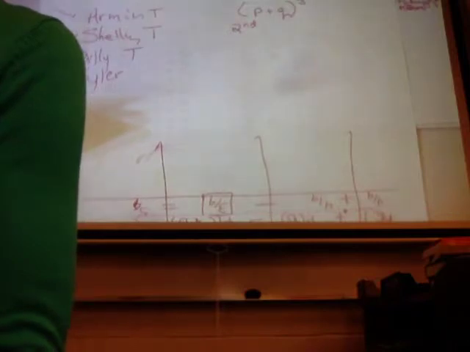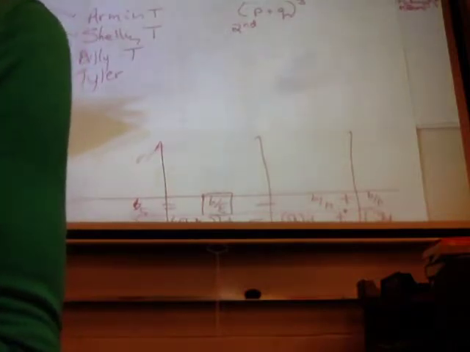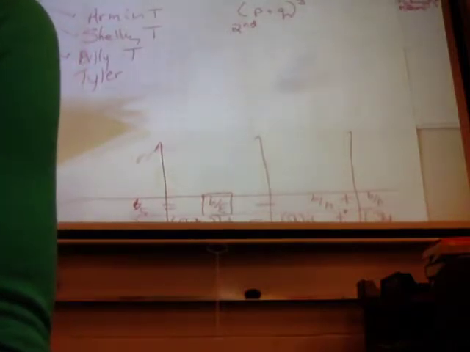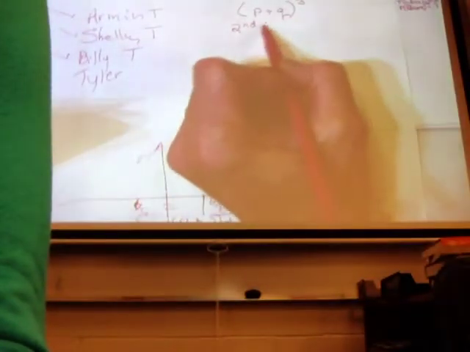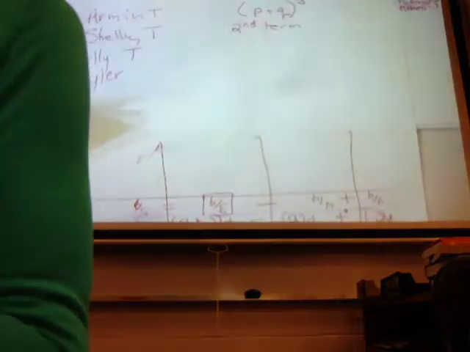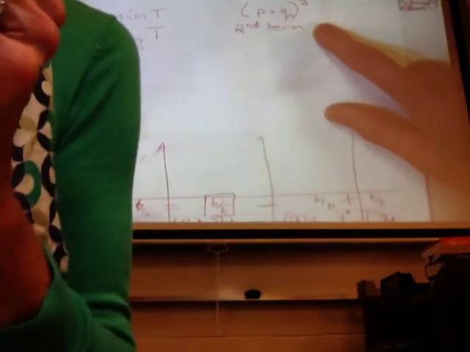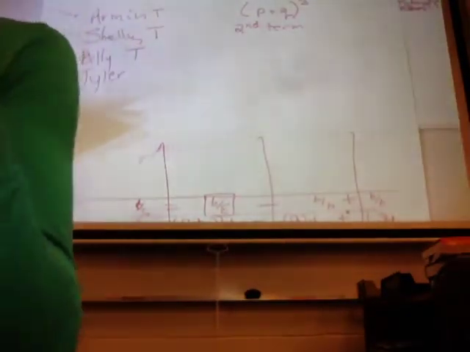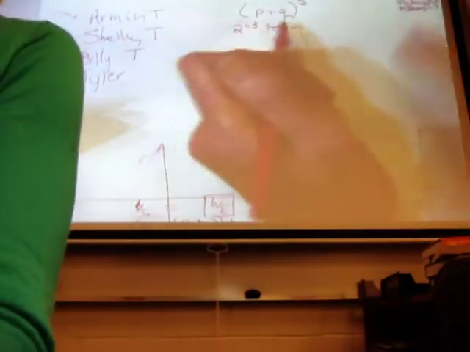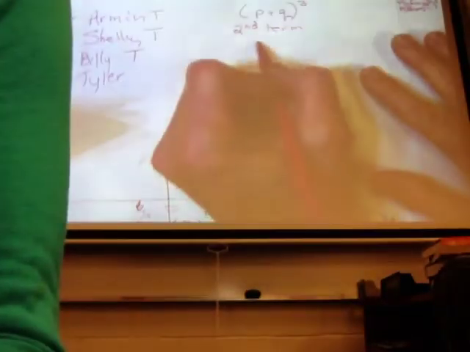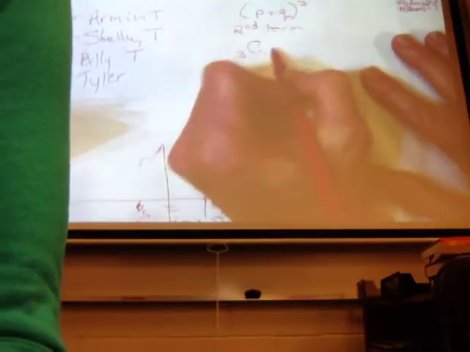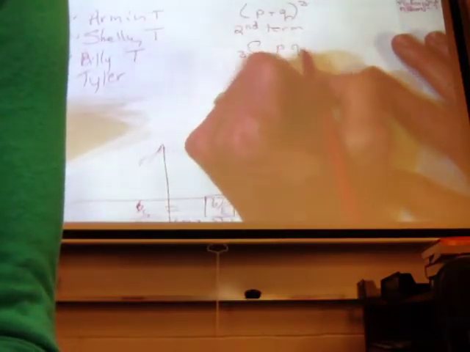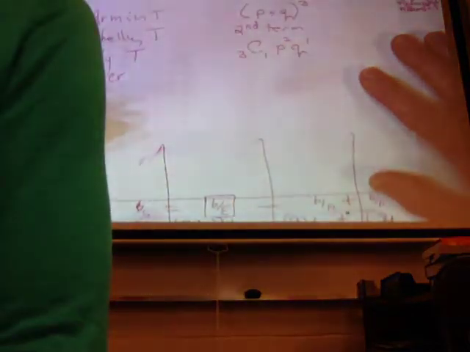How would you set that up? If I wanted you to find just the second term, listen to this binomial expansion, I'm not concerned about successes or failures. How would I set that up? It'd be 3 what? 1. And this would be P and Q. This would be 2 and 1.